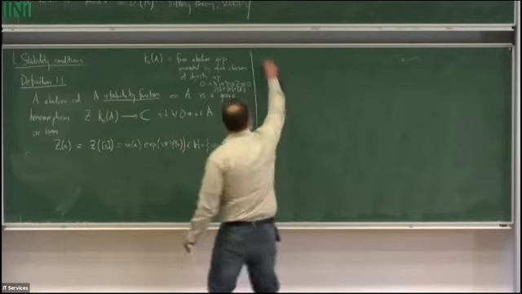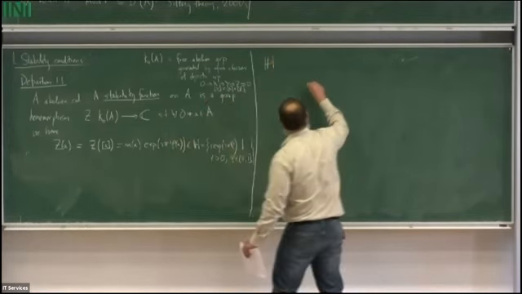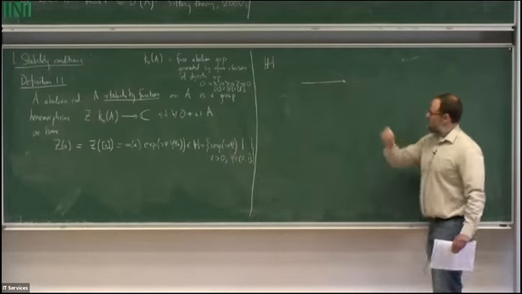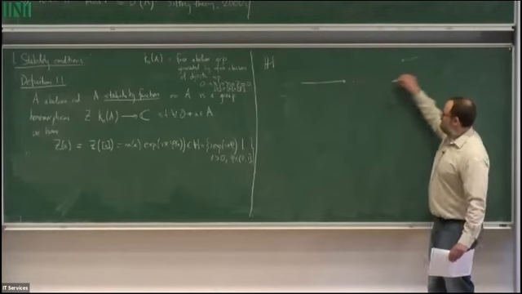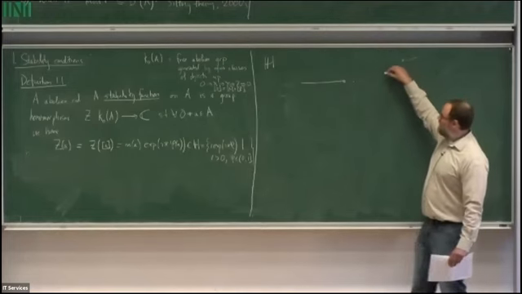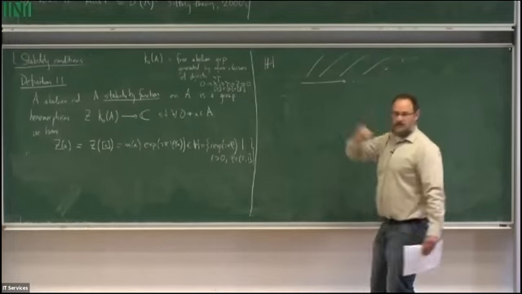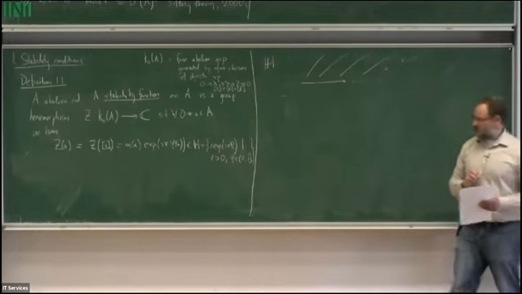So maybe it's better to draw H. So H looks something like this. It doesn't include the origin, doesn't include the positive real line, includes the whole upper half plane and the negative real axis. So that's H. Okay.